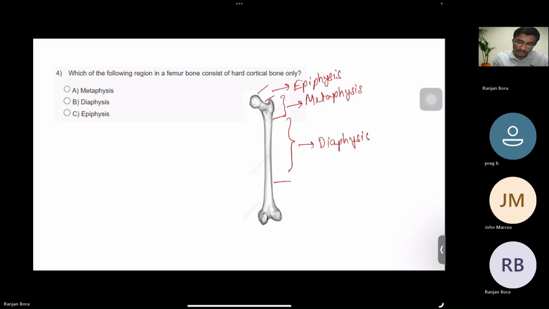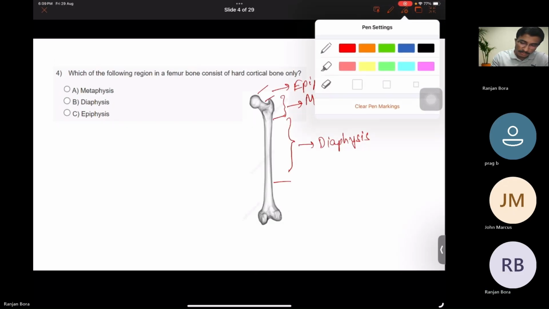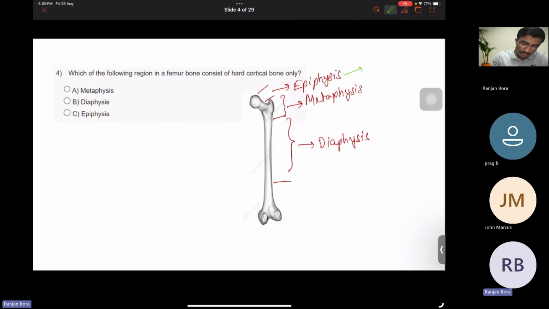The epiphysis consists of fully cancellous bone.